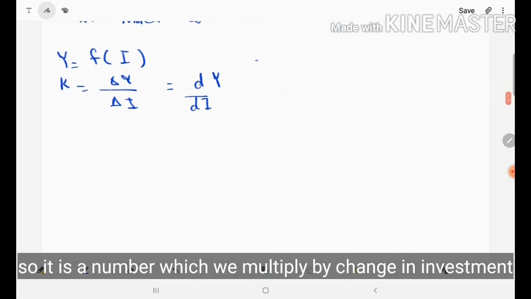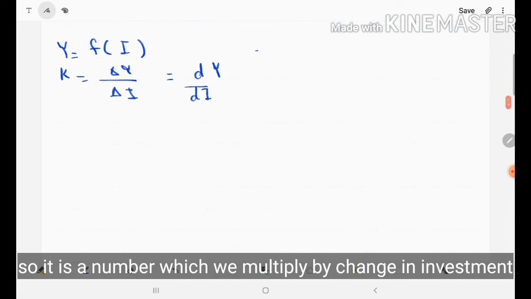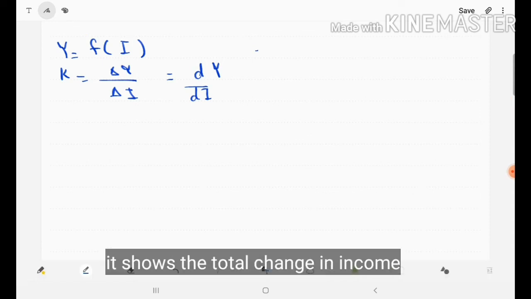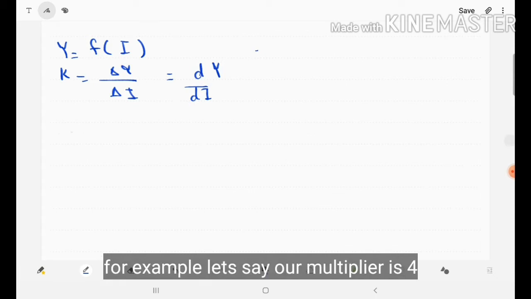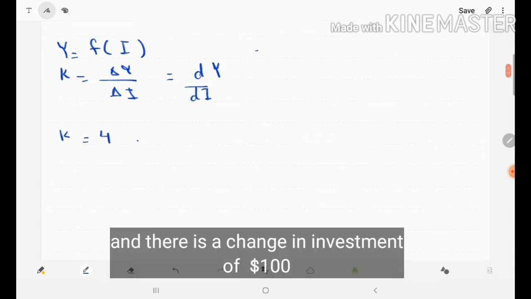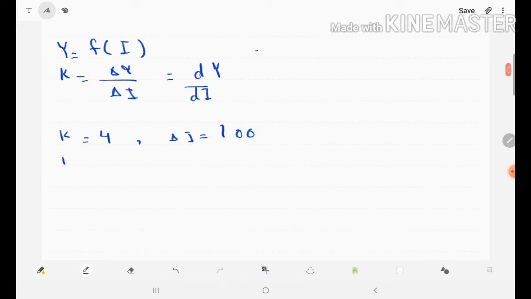It is some number which, when we multiply it by the change in investment, shows the total change in income. For example, let's say our multiplier is 4, and there was a change in investment of 100.